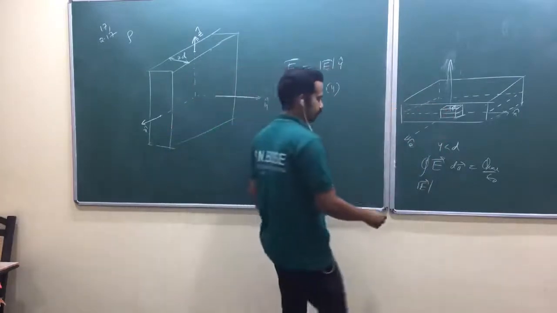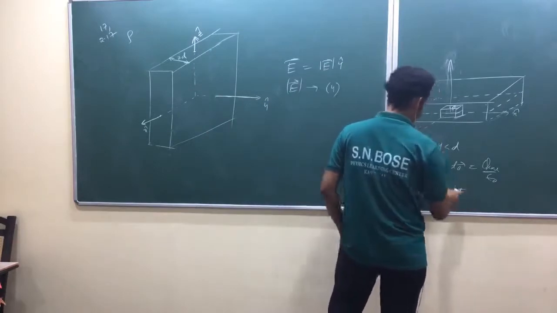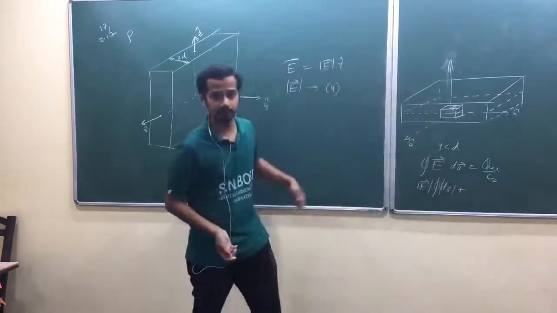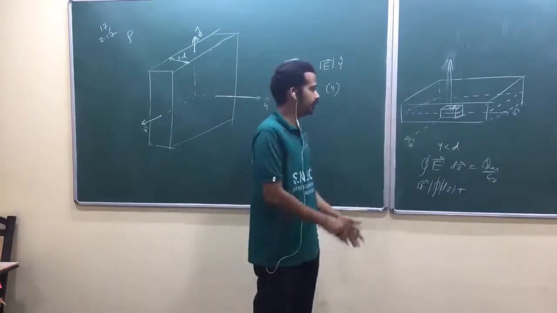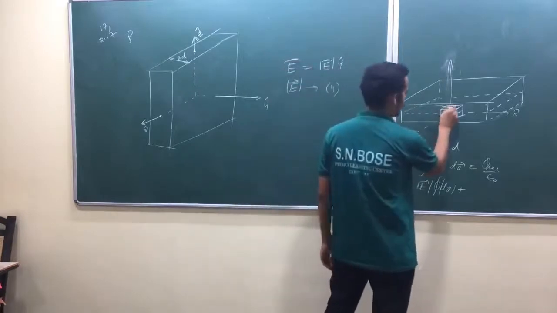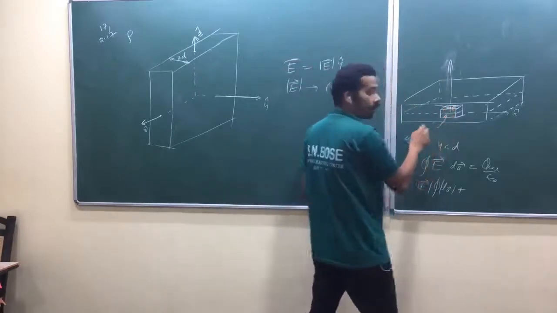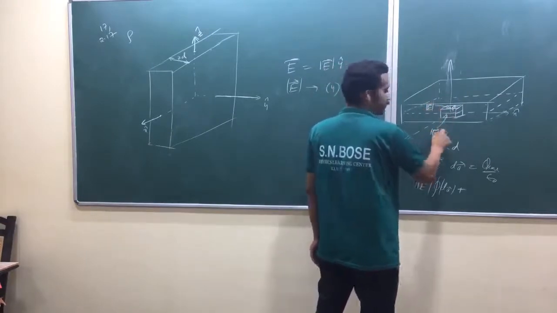Am I right? So mod of electric field into area, plus the below surface. Remember that the below surface I am running symmetrically. If the electric field is E in the above surface, it should have the same magnitude in the below surface.